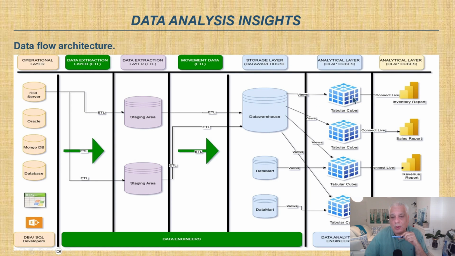After that, we are going to populate with views the different tabular cubes, and once we have the tabular cubes in place, we are going to create different Power BI reports connecting live to these tabular cubes. Basically, this is the data flow architecture. Now we are going to dive into basic concepts.